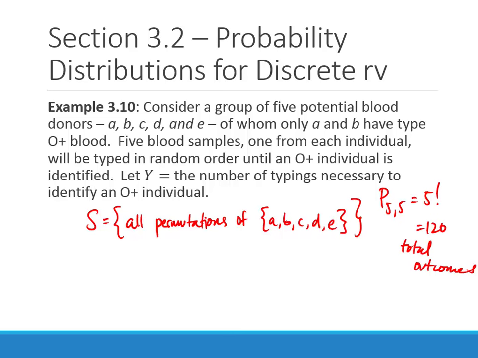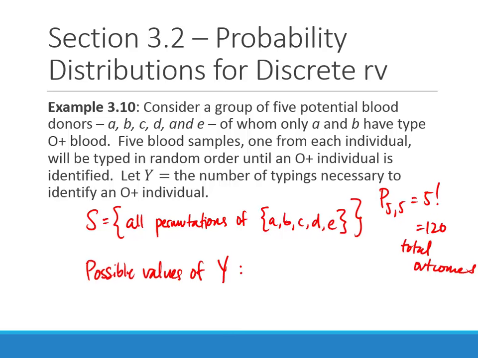Okay, so if Y equals the number of letters I need to look at before I get somebody who has O positive blood, what are the possible values of Y? 1 to 5?